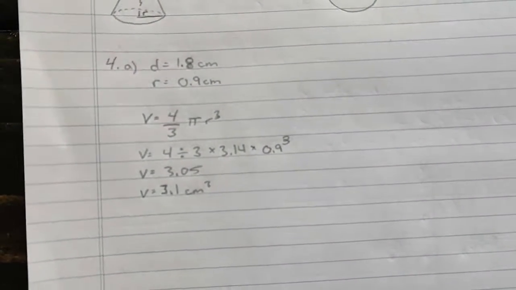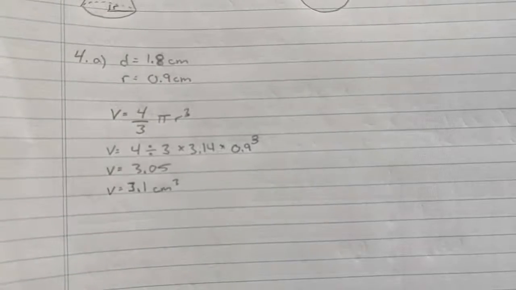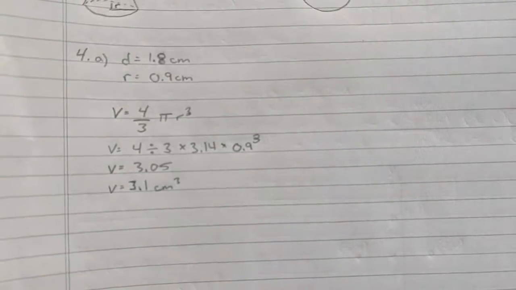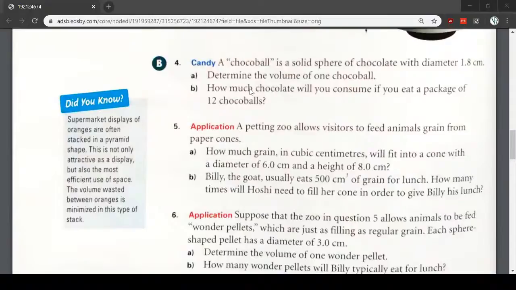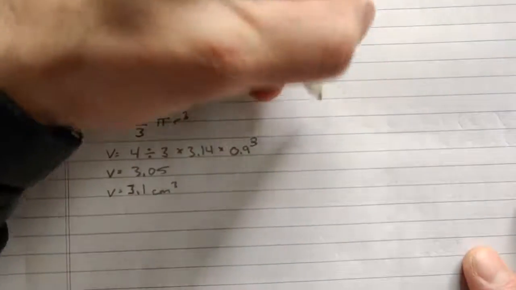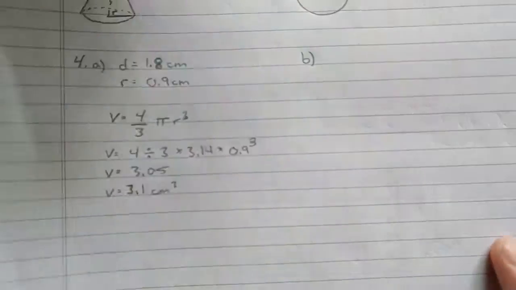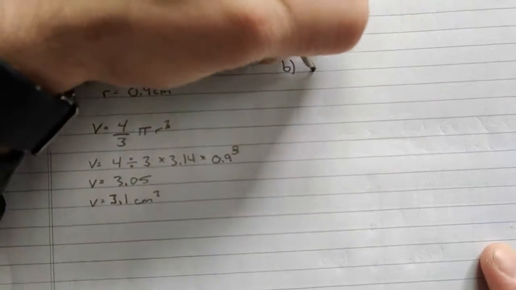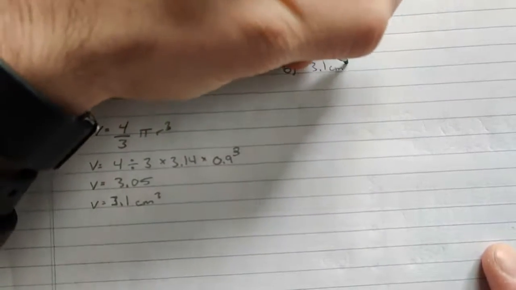Now, second part of this question, it asked, how much chocolate will you consume if you eat a package of 12 chocolate balls? So we want to eat 12 of these. So part B, all we're doing is we're taking our volume of 3.1 centimeters cubed.